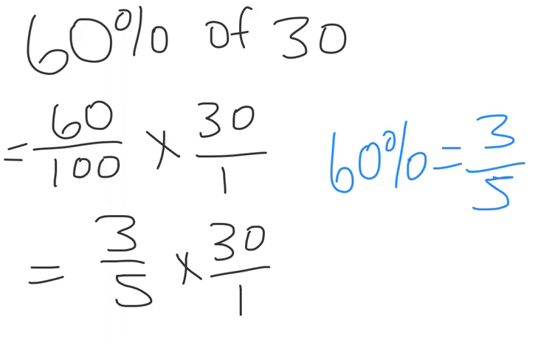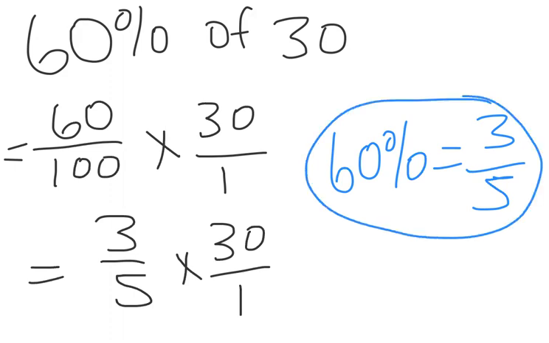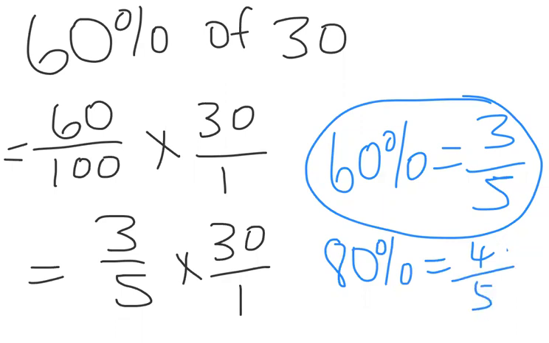The reason I remember all of this is because I had a page when I was in grade 7, and I looked at this a lot. That's why I know 80% is 4 over 5, and I can remember all of that. And so you will remember it as well.